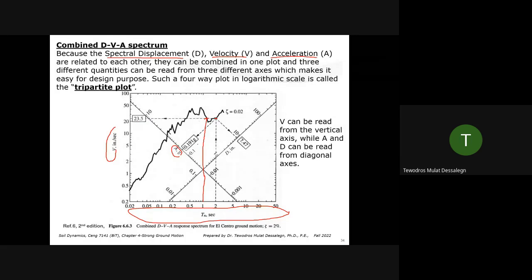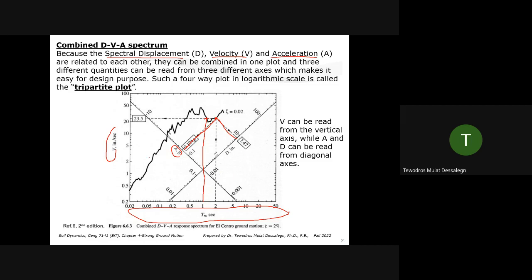If you're interested in the spectral acceleration, which is the most common, go from this point on the chart perpendicular to this diagonal. So the spectral acceleration is 0.191 G. And for the max displacement or spectral displacement, it's going to be around here, which is 7.47 inch. So this, you'll find in code books.